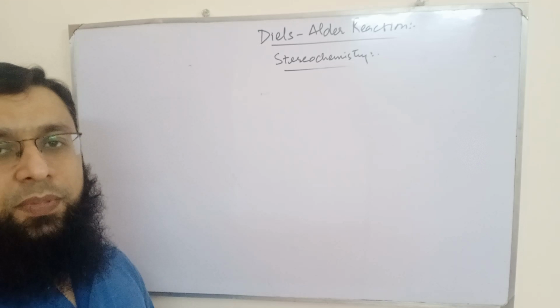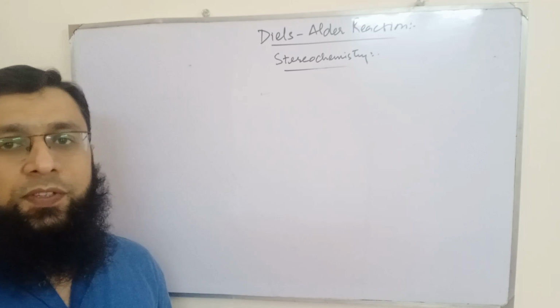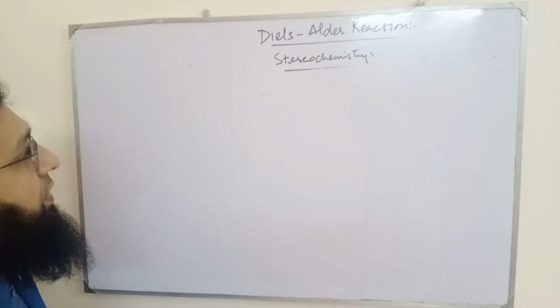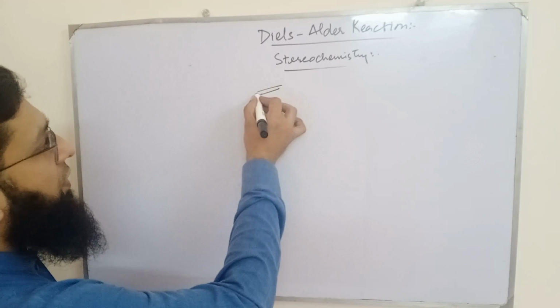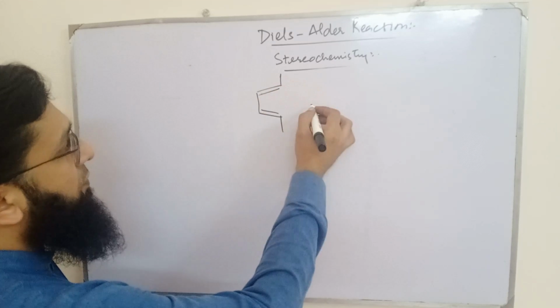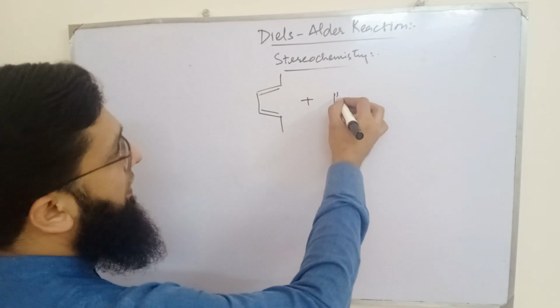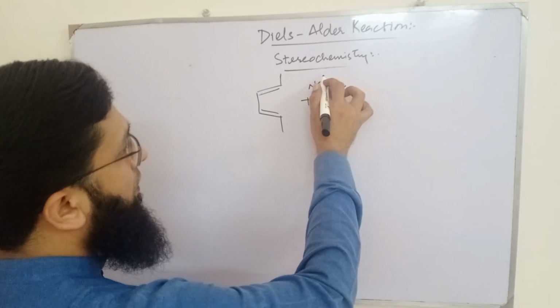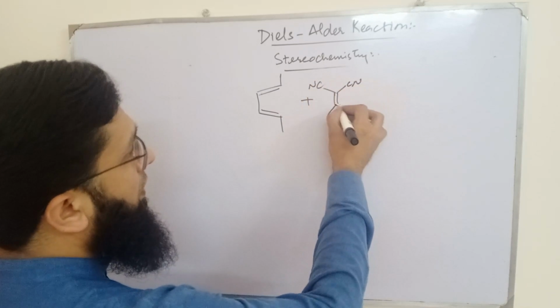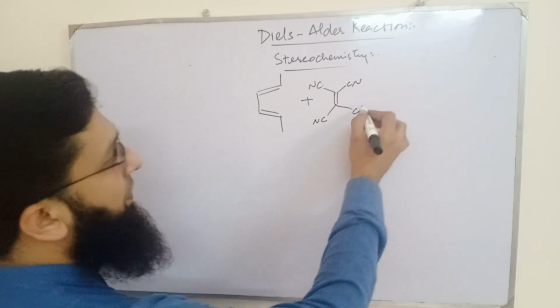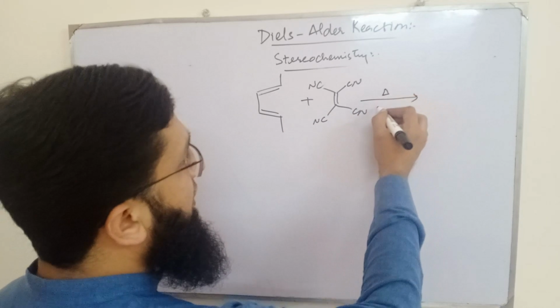In our previous examples, we discussed the stereochemistry of the substituents on the dienophile, and now we discuss the stereochemistry of the substituents on the diene. For example, we have this molecule, and we react these two molecules together under Diels-Alder reaction conditions.